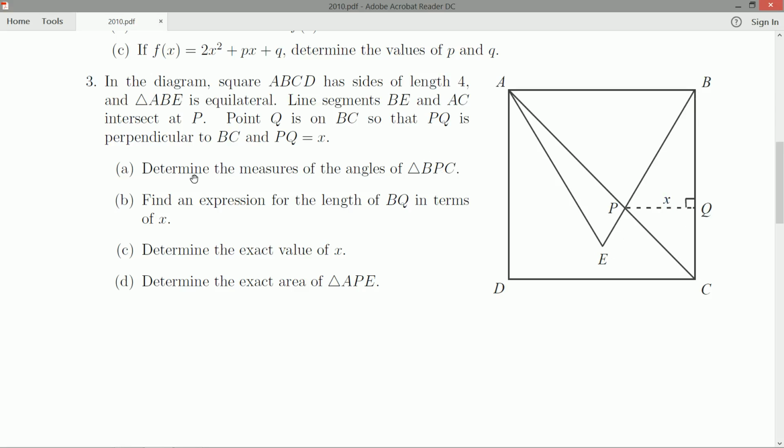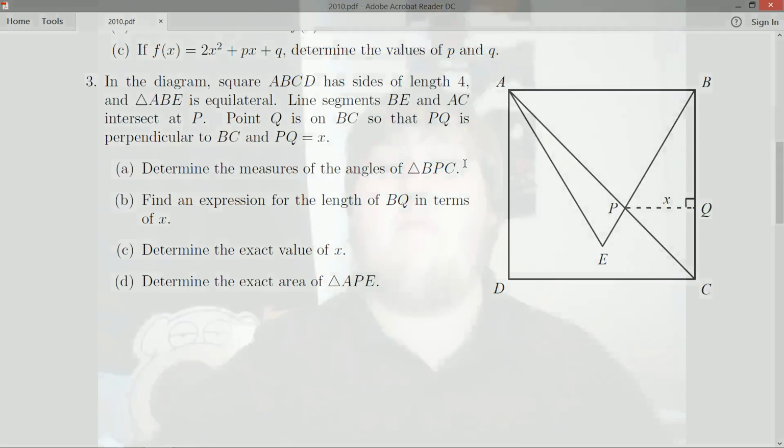Determine the measures of the angles of triangle BPC. So now I'm starting not to think that I should be using coordinates, just because they're talking about angles, and angles and the Cartesian plane tend not to mix really well. I mean, you can have it, but in terms of angles of lines and then slopes of those lines, it's not always common knowledge that you're going to have y equals tan theta x plus b if your line is going off at an angle of theta degrees, or theta radians.